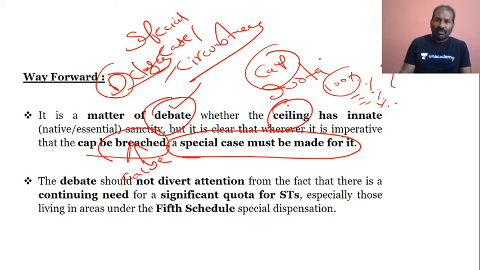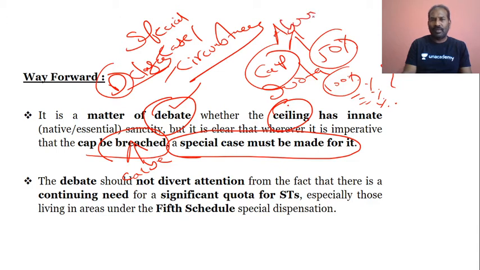That means whatever the 50% is, they can go above it, and a special case must be made for it. That is what you were talking about. That is the last point I have made, Pratham, mainly to curb the monopoly of interest. Okay, fine. So what is that? You need a debate now.